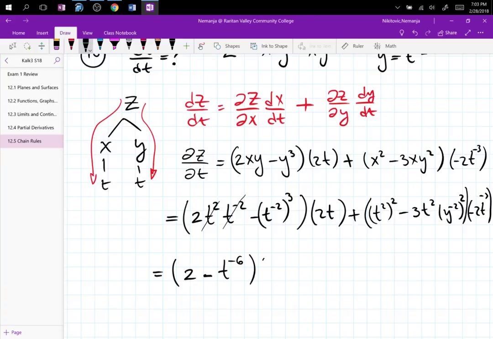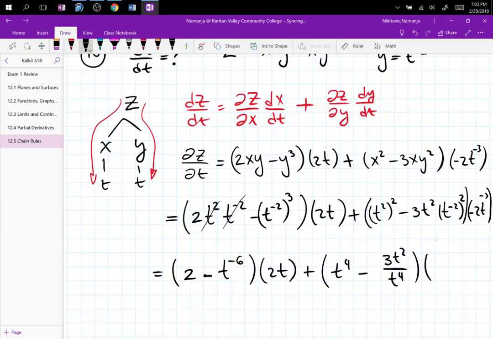And then everything times 2t, that's the next step, plus open parenthesis t to the fourth minus 3t squared divided by t to the fourth, because this is not supposed to say y, it's supposed to say t. y is t to the negative 2. And then all of these times negative 2t to the negative 3.